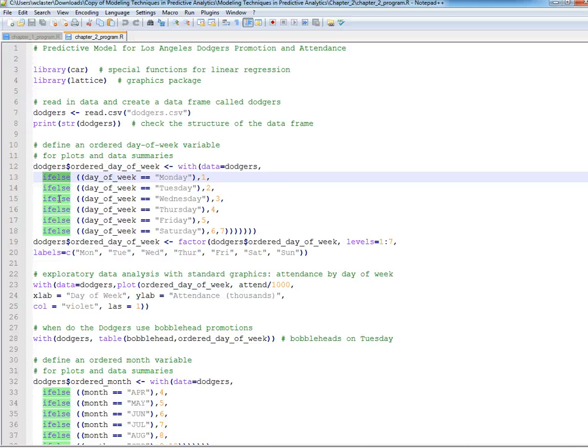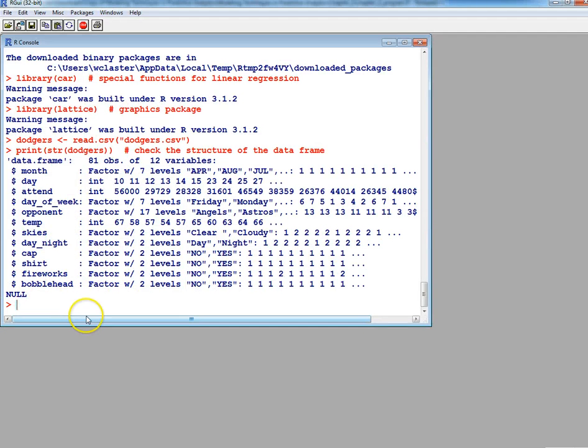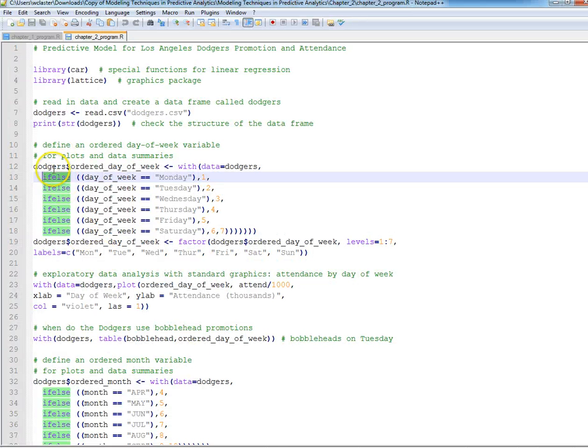So look that up right now and see if you can figure out the structure or what if-else is doing, by going to R and exploring it a little bit yourself. But before you do that, let me mention one thing. Before we use if-else, what are we using here?